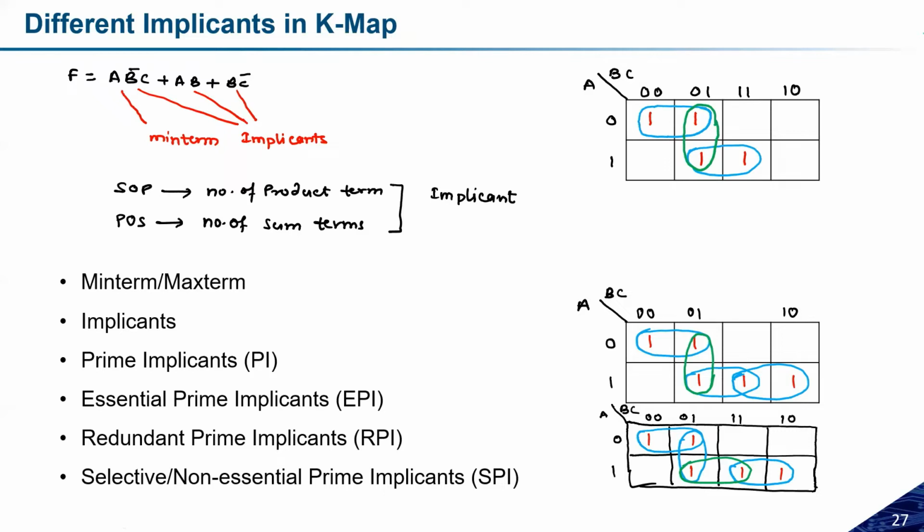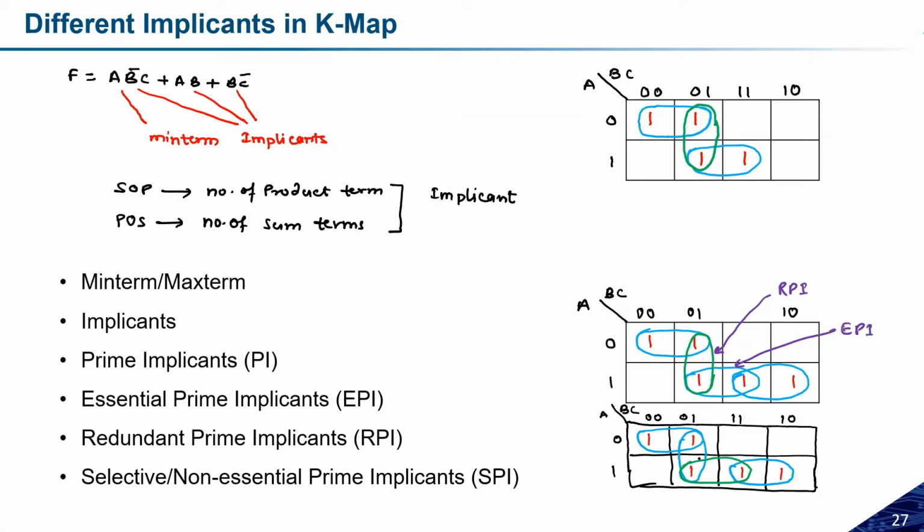Now let us see here. Let me change the color so that I can explain. In this one, this particular pair is the redundant prime implicant, and this particular pair is the essential prime implicant.